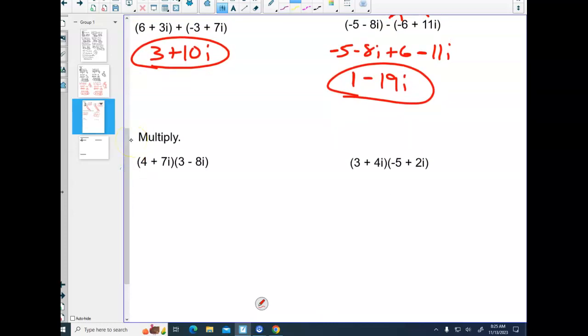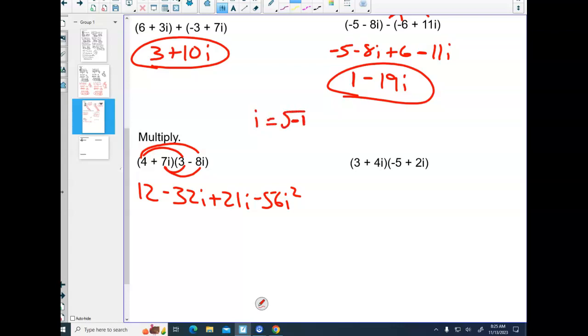When you multiply, we're foiling. 4 times 3 is 12. 4 times negative 8i is negative 32i. 7i times 3 is 21i. 7i times negative 8i is negative 56i squared. We have to know i equals the square root of negative 1, and more importantly, that i squared equals negative 1.